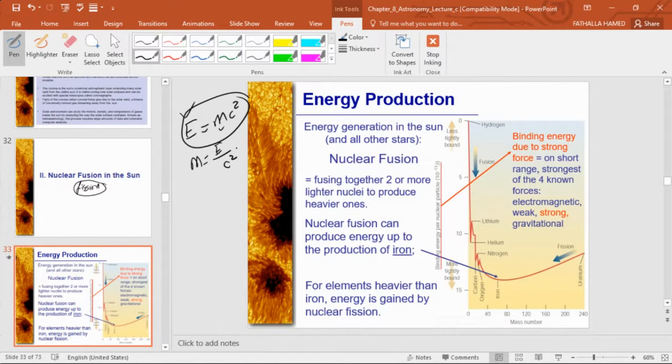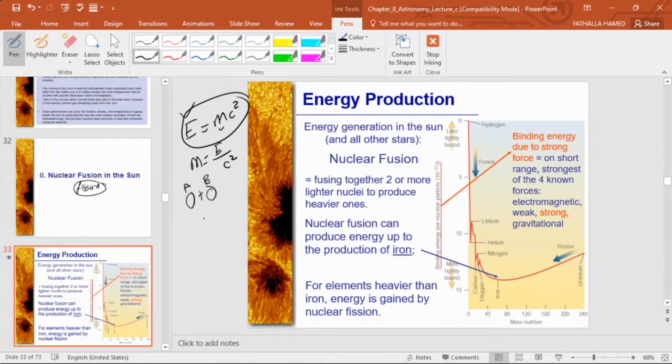Now, the basic idea for nuclear fusion, let's say in general, if we take A and you take B, and then you combine them together, that means you're basically combining the nucleus from each atom.